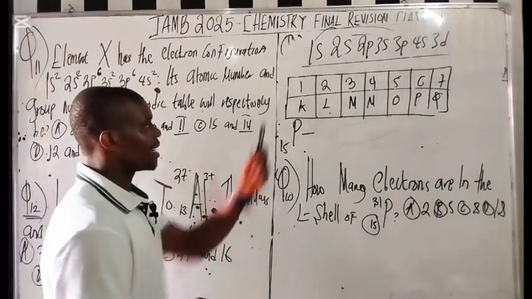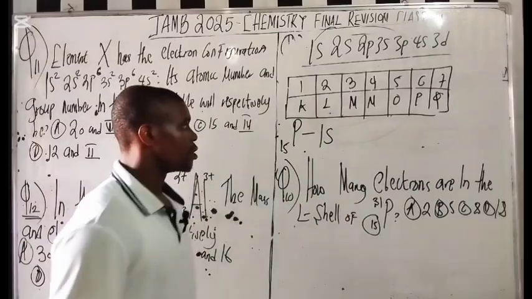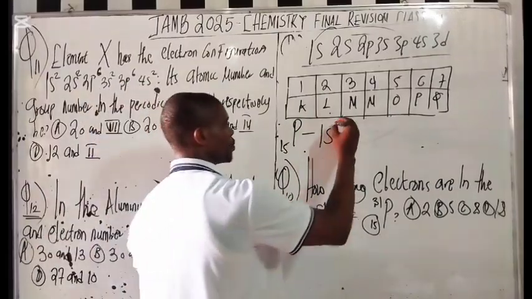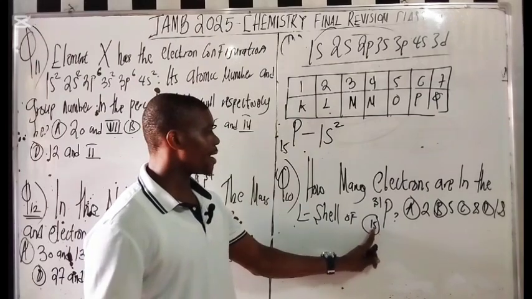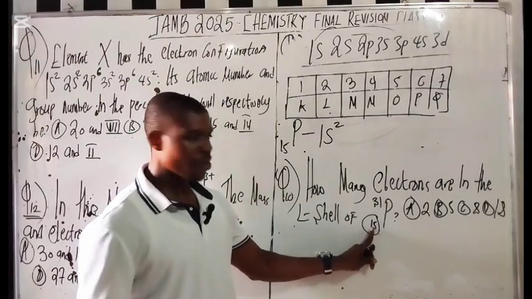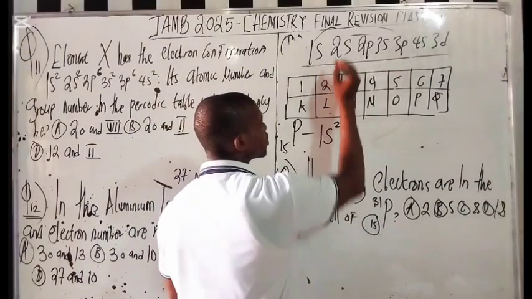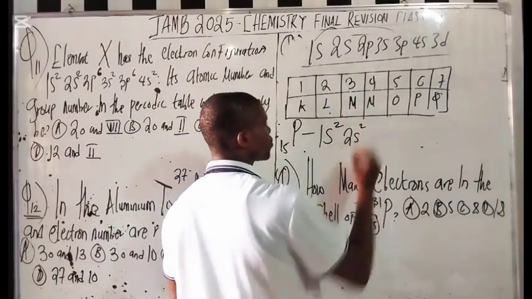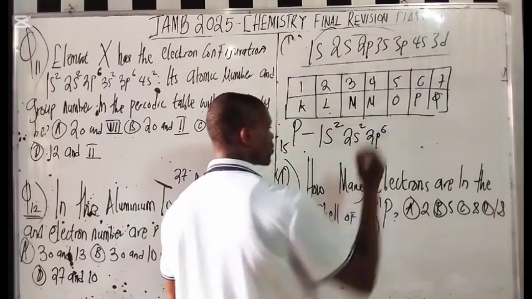Do you understand? So the first one here is 1s. We take 2 electrons, you put 2 here. Remember, the number of electrons we are going to fill is 15. So we say 1s2. Next, take 2s2, then 2p6.